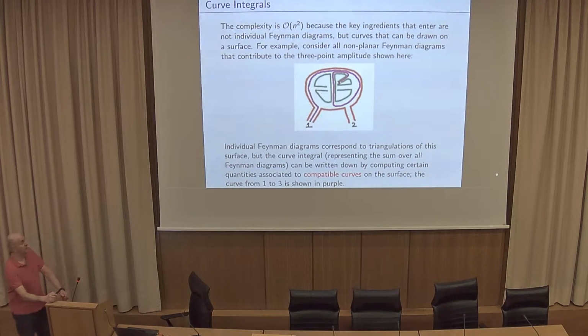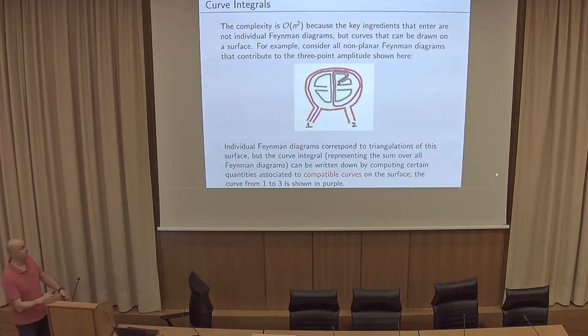So this is a topological diagram. What we're trying to compute here is the sum of all Feynman diagrams that have this topology, meaning that they contribute at this loop order to a 3-point amplitude at this order in 1 over n.